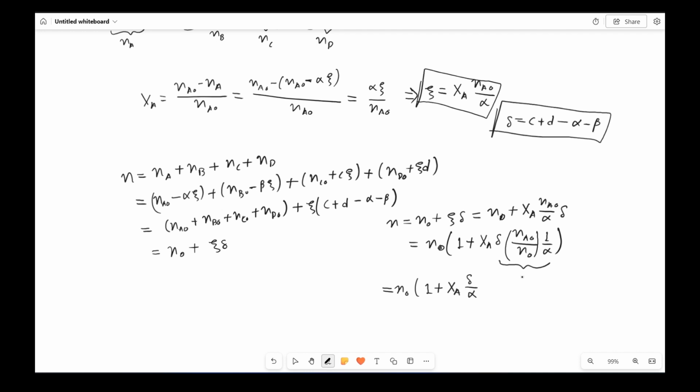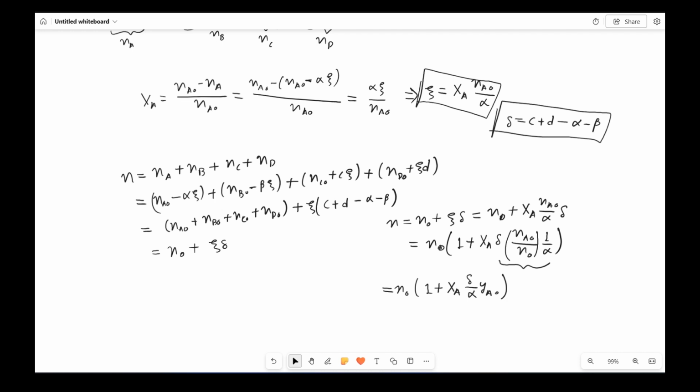Delta is the change in stoichiometric coefficient. Alpha is the stoichiometric coefficient of the species for which we are defining the conversion. And Na naught by N naught is initial moles, call it Ya naught. So this is a very important expression, and I suggest everyone should remember this.